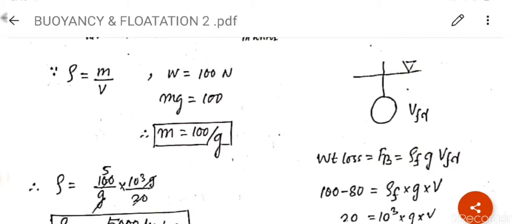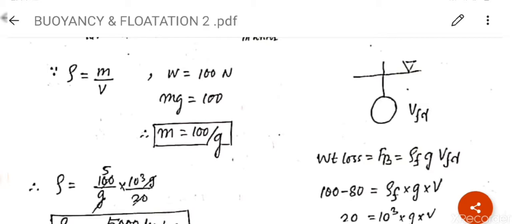Now we all know that rho is equal to mass upon volume. Weight is equal to 100 Newton, given in the question, mg is equal to 100. So m is equal to 100 by g. So we know that rho is equal to m upon v.